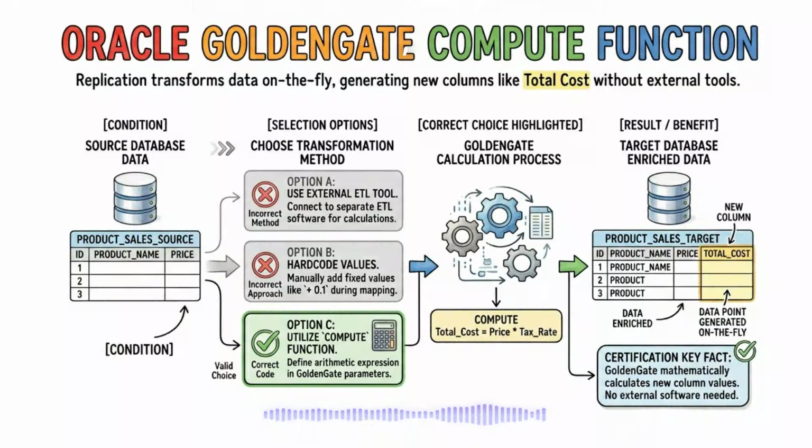With the filter clause, you can extract a specific year from a date column and compare it against a mathematical formula before deciding to replicate the row. You should expect exam questions asking you to choose between the where clause and the filter clause. So remember that where is for simple checks, and filter is for complex computational logic.